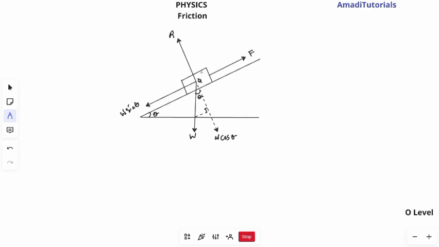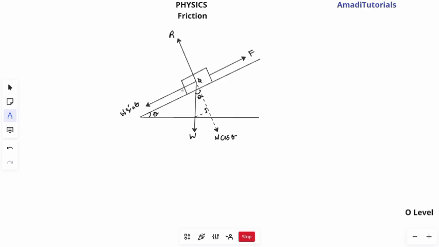So this is a block of mass resting on this plane that is inclined at an angle theta. Now, if there's a force acting, trying to push the mass upward, and there is another one counteracting it, trying to push it downward.